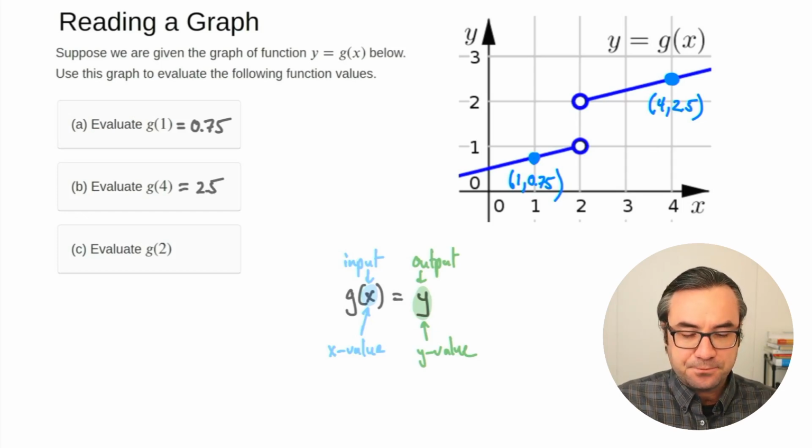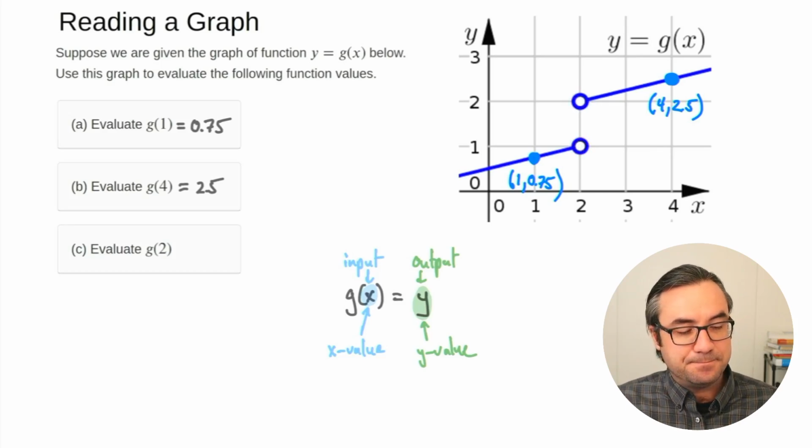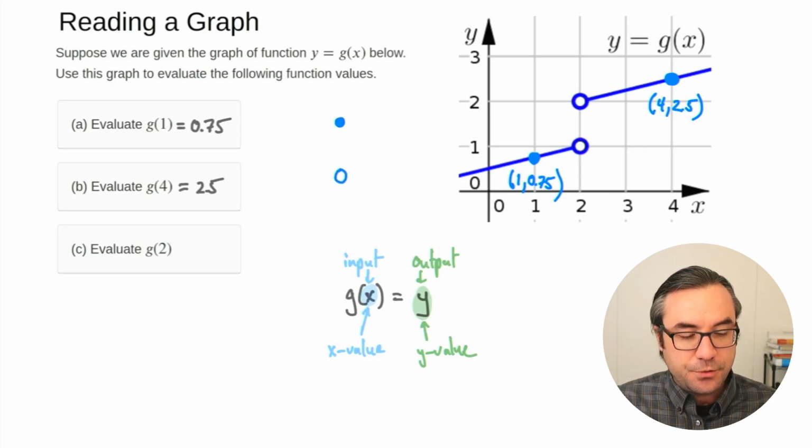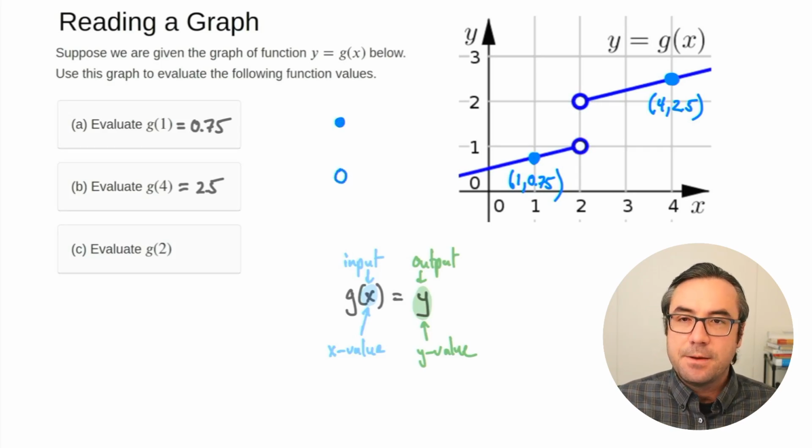All right. Well, now let's get to something a little trickier. What about g of 2? Right there at x equals 2, we have these open dots. So what does this mean? Well, when we draw a graph, we're either drawing filled in dots or open dots.